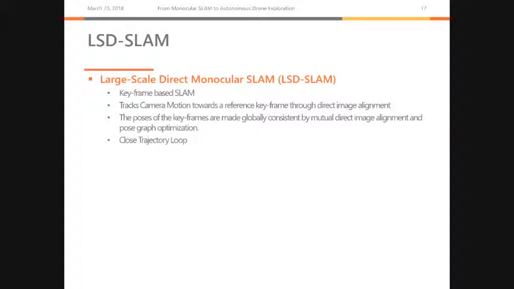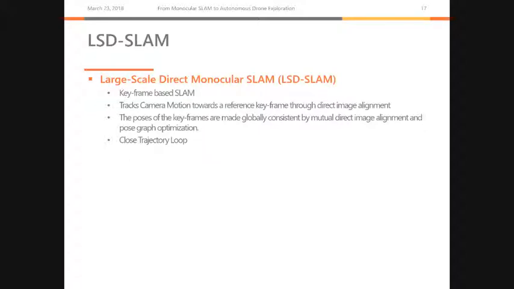One of the features of LSD-SLAM is loop closure. If they do some movement and then reach this place, typically in SLAMs these 2 points don't match together. So they implement some methods to match these 2 points together.